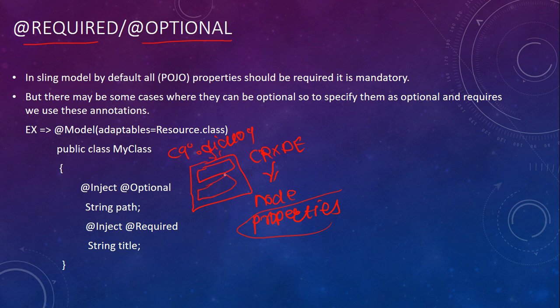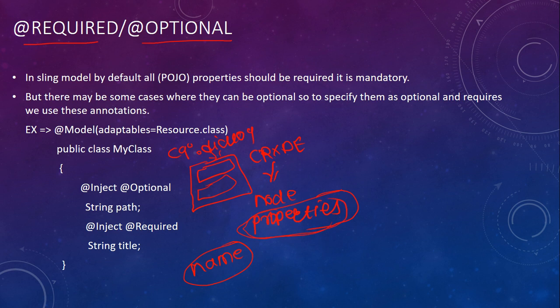Once the user has submitted this CQ dialog, all this data is automatically stored in the properties. There we have defined a name property, and using this name property all this data is stored inside the properties.